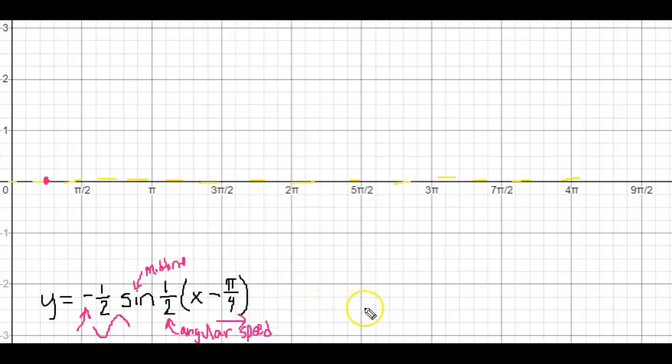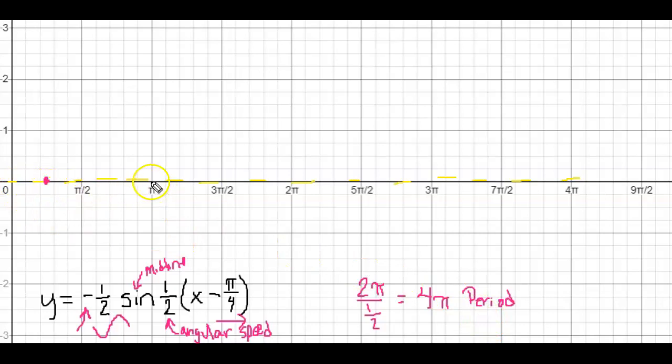So if I'm going 1/2 of a radian per second, and there's 2 pi radians to get all the way around the circle, when I do 2 pi divided by 1/2, I get 4 pi. So my period is going to be 4 pi. Remember, period is always the one thing we have to do a little bit of computation for, because the equation gives us the angular speed. It doesn't give us the period, but the angular speed is what we use to find the period.